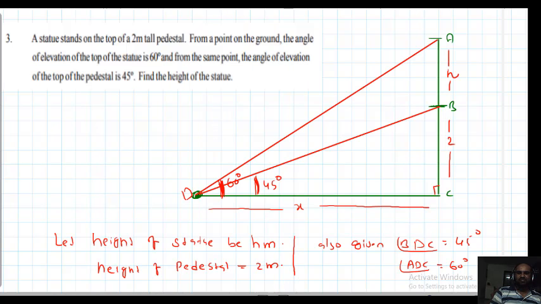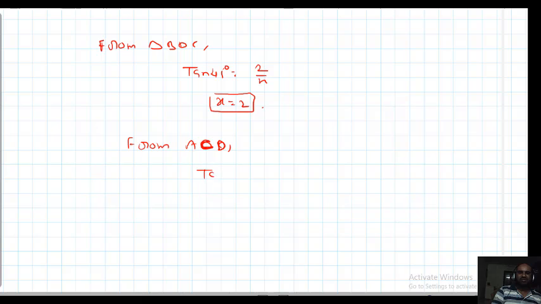From ACD, tan 60 equal to AC by DC. So that is root 3 equal to AC by DC. AC means x plus h plus 2, and DC means x. So root 3 x equal to h plus 2.